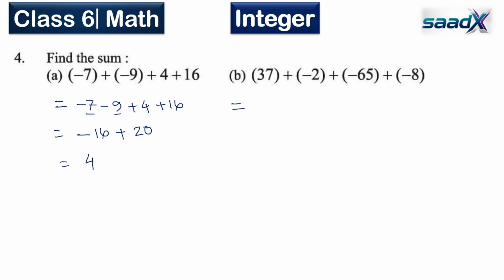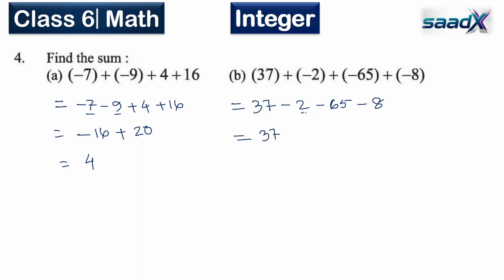And here 37 plus and minus minus 2, plus and minus minus 65, and plus and minus minus 8, right? Now look, this is only positive sign, so 37.